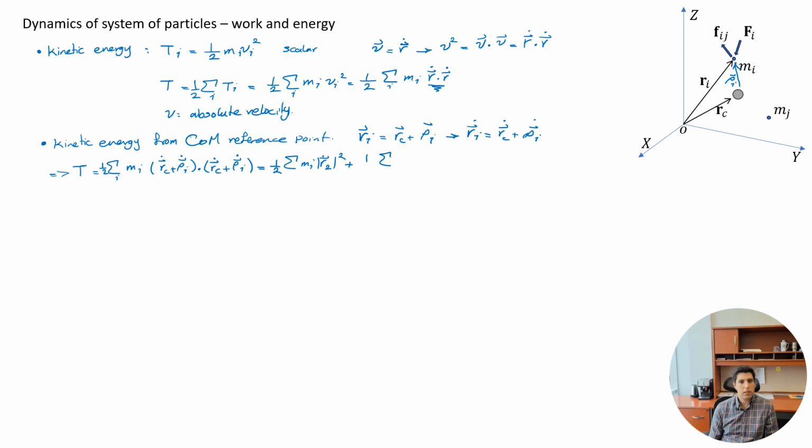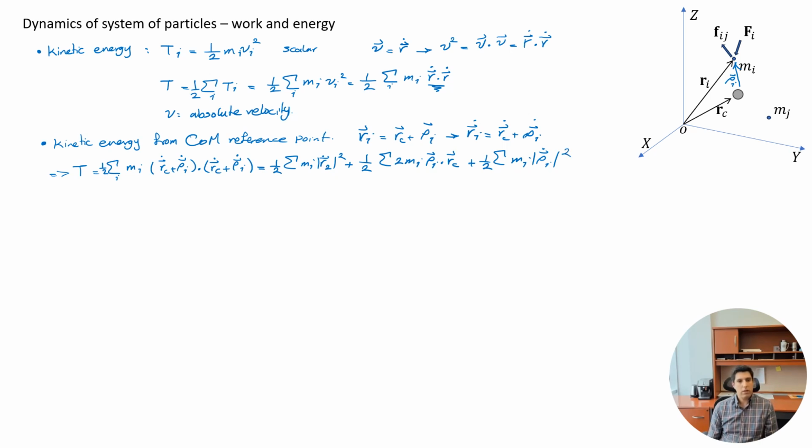Well, actually, let me write this: 2 mi rho dot i dot R dot c, plus 1/2 summation of mi rho dot i squared.